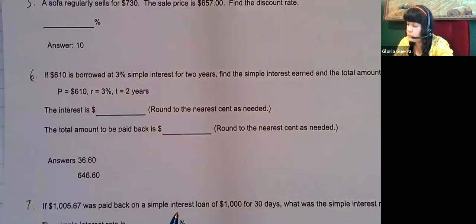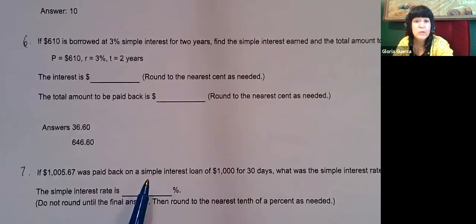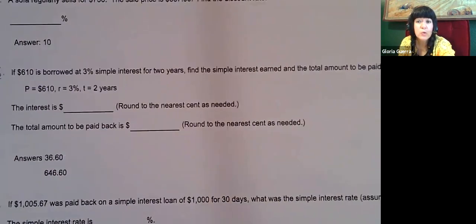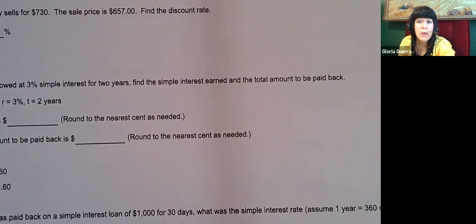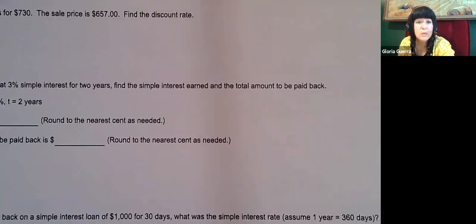Number 5. And number 6. If $610 is borrowed at 3% interest for 2 years, find the simple interest earned and the total amount to be paid back.